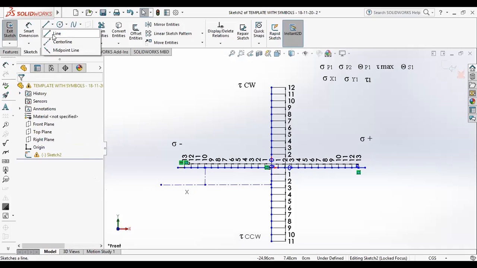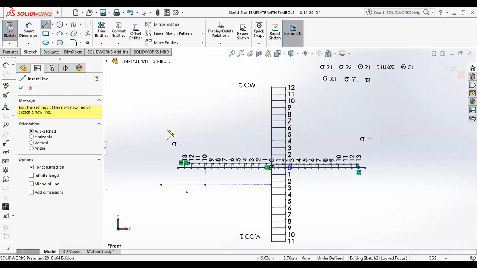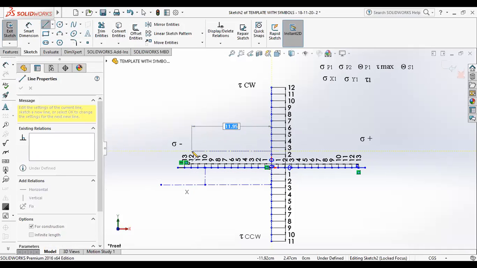Y face, minus 50, clockwise 25. I will take clockwise 25 from here and draw a horizontal line.